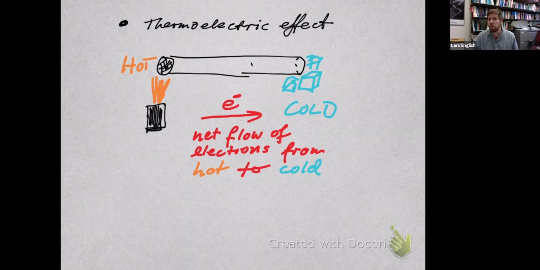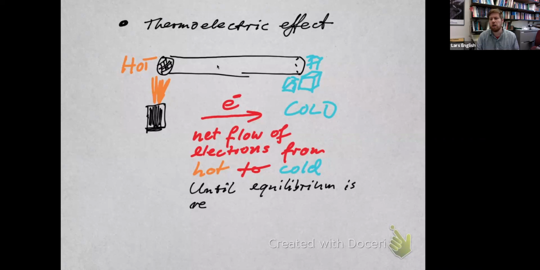Some of them will be scattered to the left, and on average, the subset of electrons that get scattered to the left would have a larger speed than electrons over here that start out on the right and happen to be scattered to the left. And so the net effect of all of that is that electrons will drift from left to right, until, of course, a new equilibrium is established, because this can't go on indefinitely.